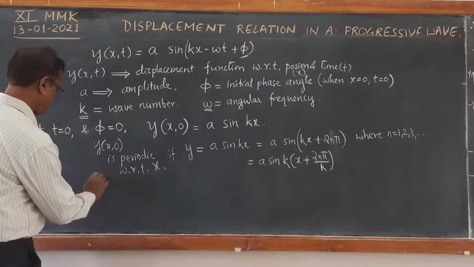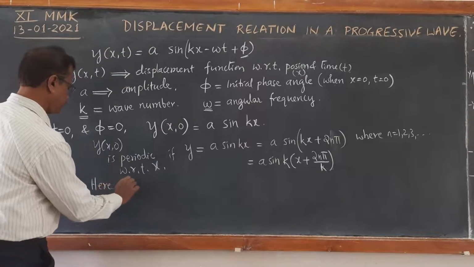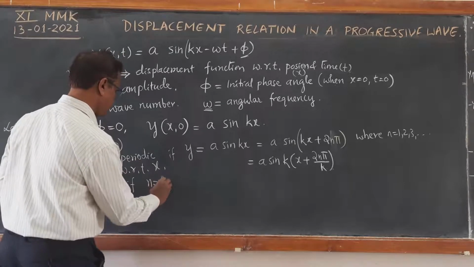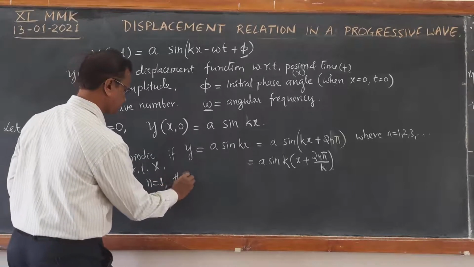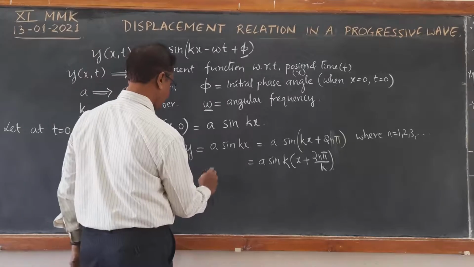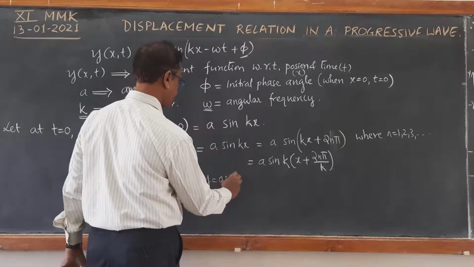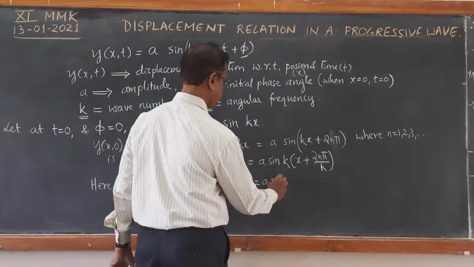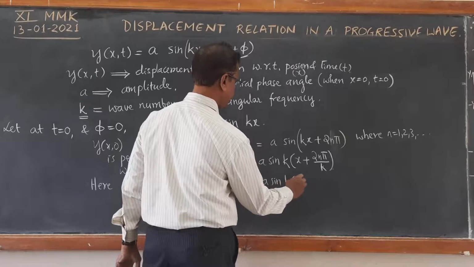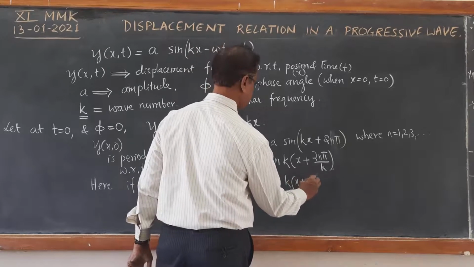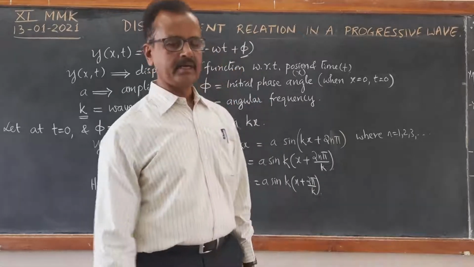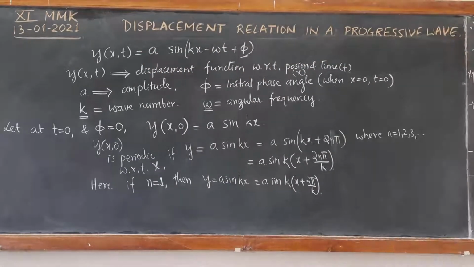Here, if n is equal to 1, then we get y is equal to a sin kx, which is equal to a sin k into (x plus 2 pi by k). 2 pi by k is called angular wave number, and k is called wave number.